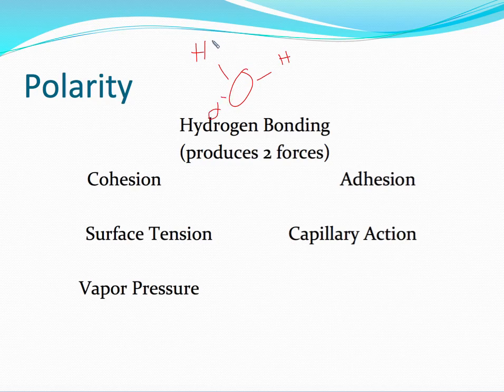It's got a partial negative charge. The hydrogens are less electronegative, so they're going to have a slight positive charge. And this enables water to be a polar molecule, with a slight positive and slight negative end.